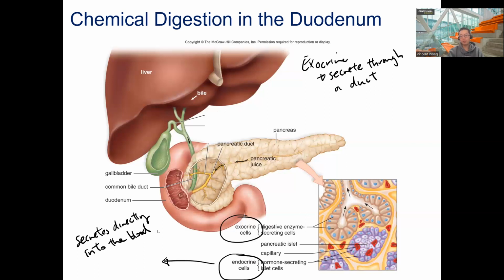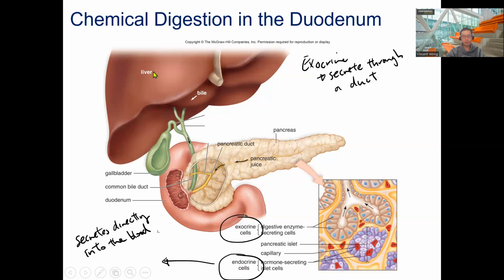So insulin helps absorb sugar from the blood. Right? So people with certain types of diabetes, type 1 diabetes specifically, would need to have insulin shots because their body's not making any. Okay? So that's the endocrine function. We'll learn about the endocrine system in the last lecture of the course. But right now, the pancreas secretes pancreatic juice through the pancreatic duct, and it goes into the duodenum. All right, I'll tell you what's in that juice in a bit.